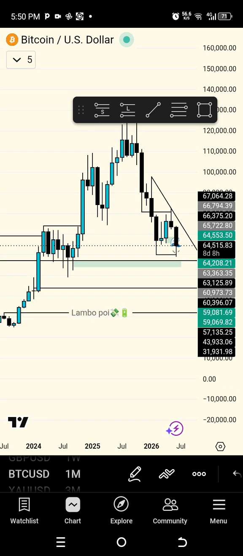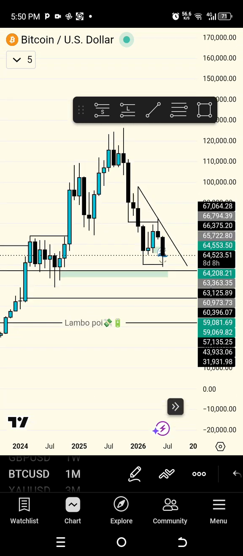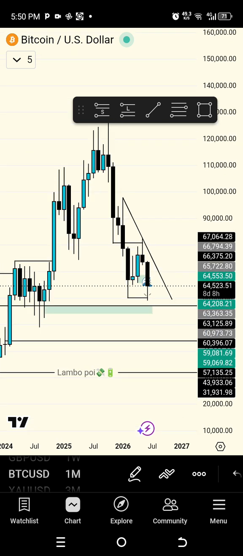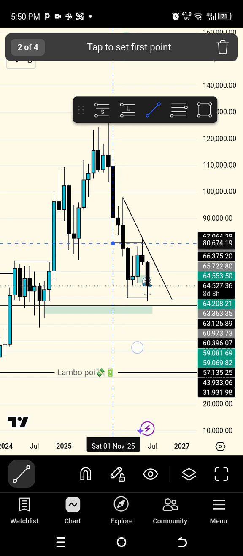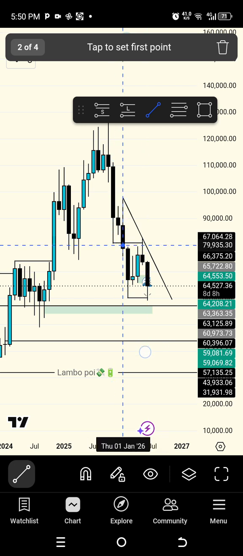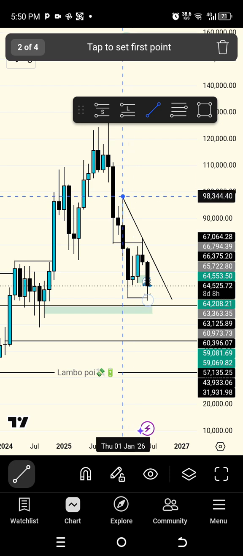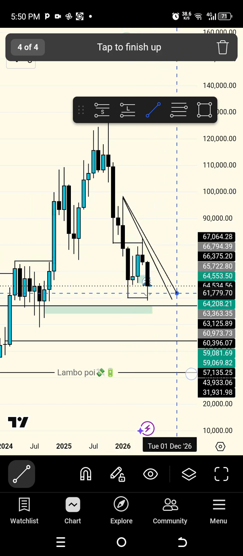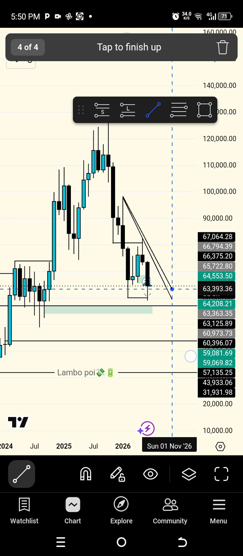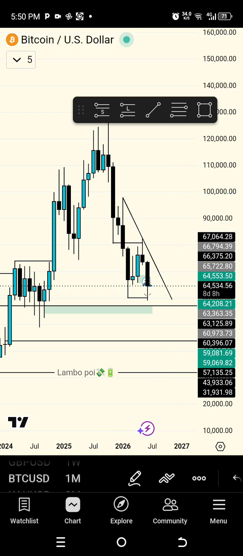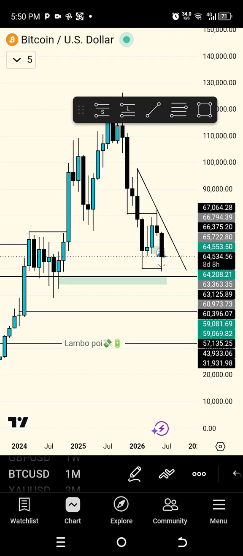After this breakout structure here, you can see price gets pulled to this POI here and started selling back. This is a trend line, a market trend that I'm following, and this is a POI zone, a point of interest.